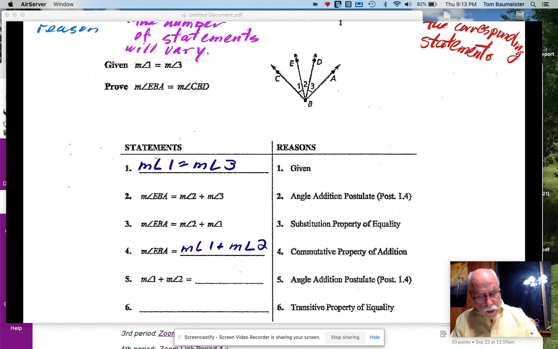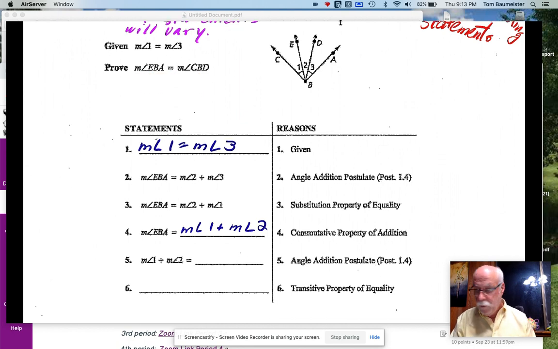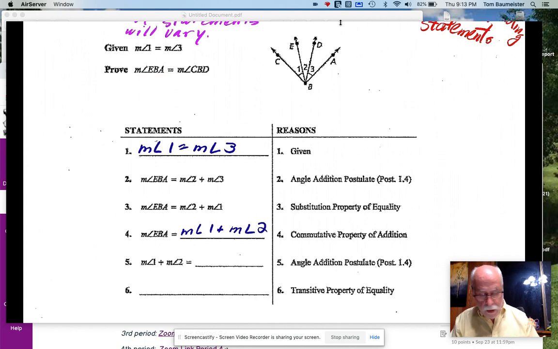So this one up here allowed us to say this one right here. Now we're going to talk about this one right here, because again, that's kind of what we're trying to prove, right? So I can say then that on 5, the measure of angle 1 plus the measure of angle 2 is the measure of angle CBD.